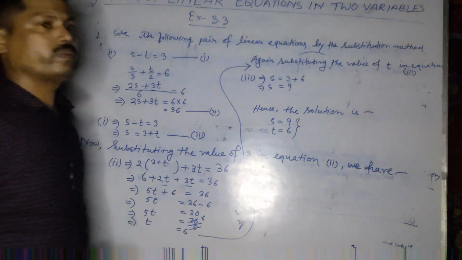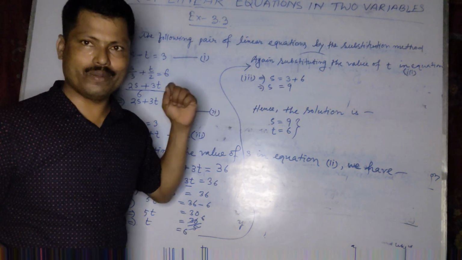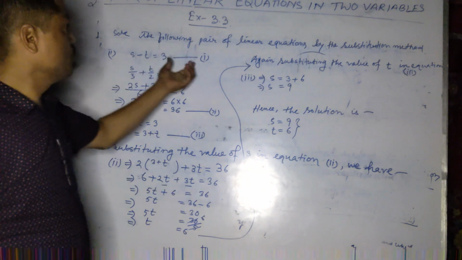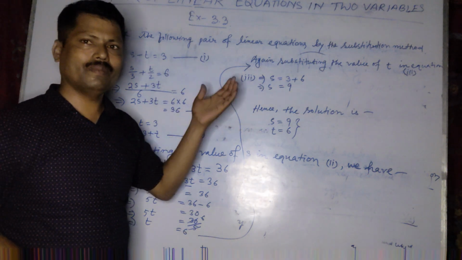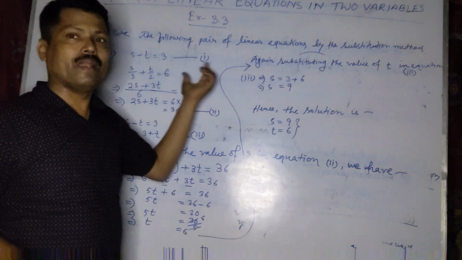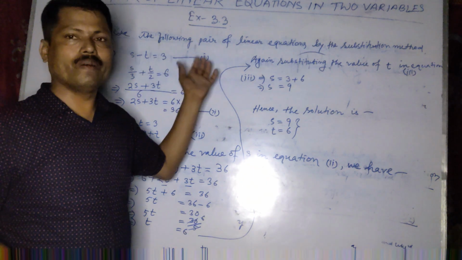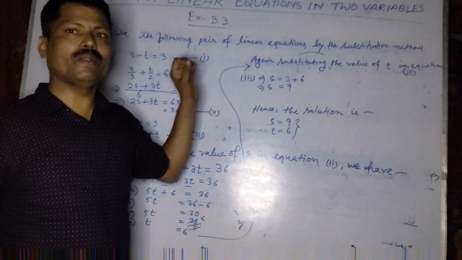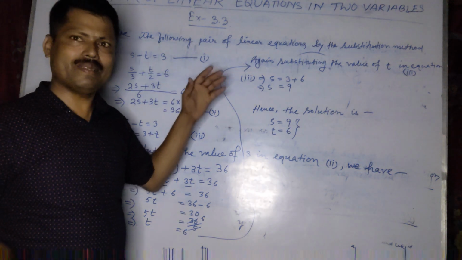Now we can check whether the equations are solved correctly or incorrectly. If we put the values of s and t in equation 1, in the left-hand side, and we get exactly the value of the right-hand side, that means our solution is correct.